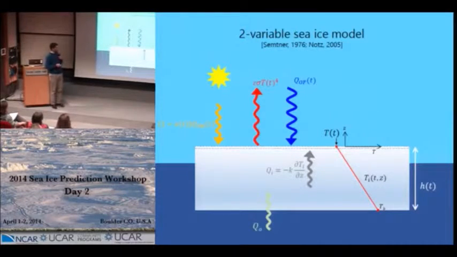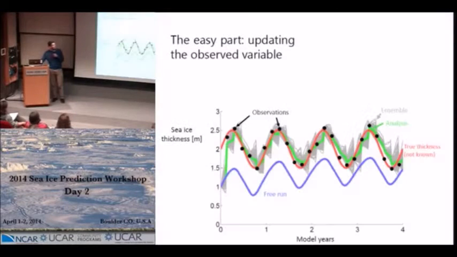And this is the result. So we have time here, we have sea ice thickness here. The blue curve is the reference model without any data assimilation. The red curve is the true thickness that we cannot even observe because the observations have uncertainties.